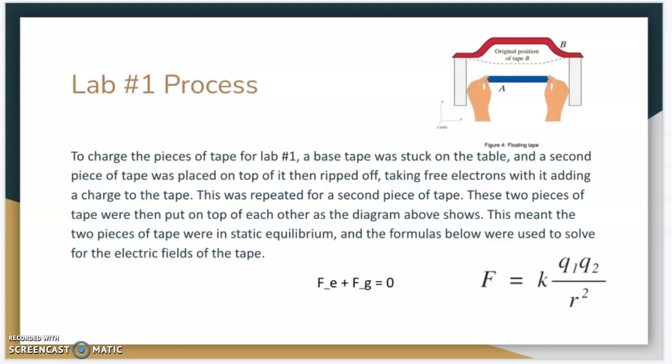This was repeated for a second piece of tape, and then these two pieces of tape were put so they were facing away from each other so that charges would repel, as seen in that picture above. This meant that the two pieces of tape were in static equilibrium, and the only forces acting on them were, on the top tape at least, the force of gravity and the electric force from the bottom tape. The formulas below were then used to solve for the electric field of the tape.